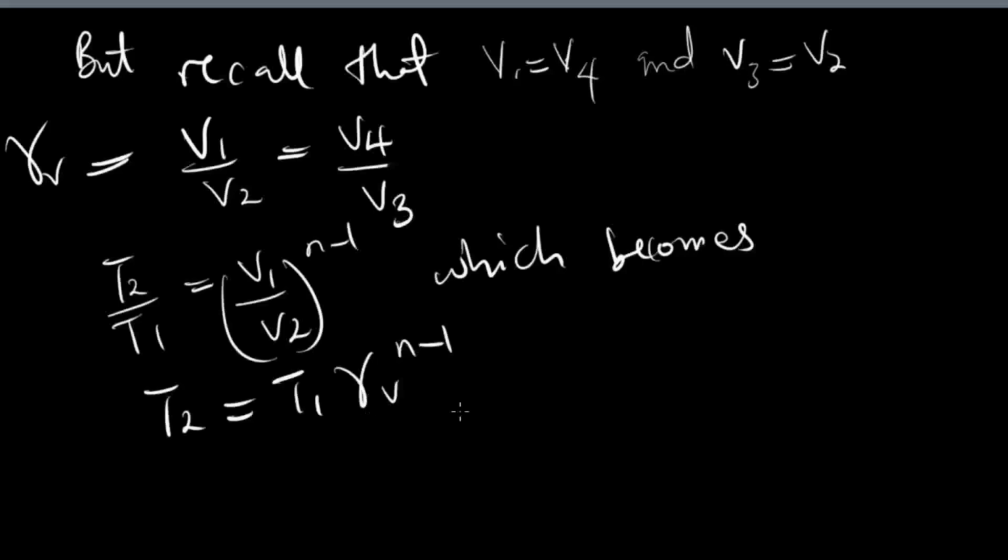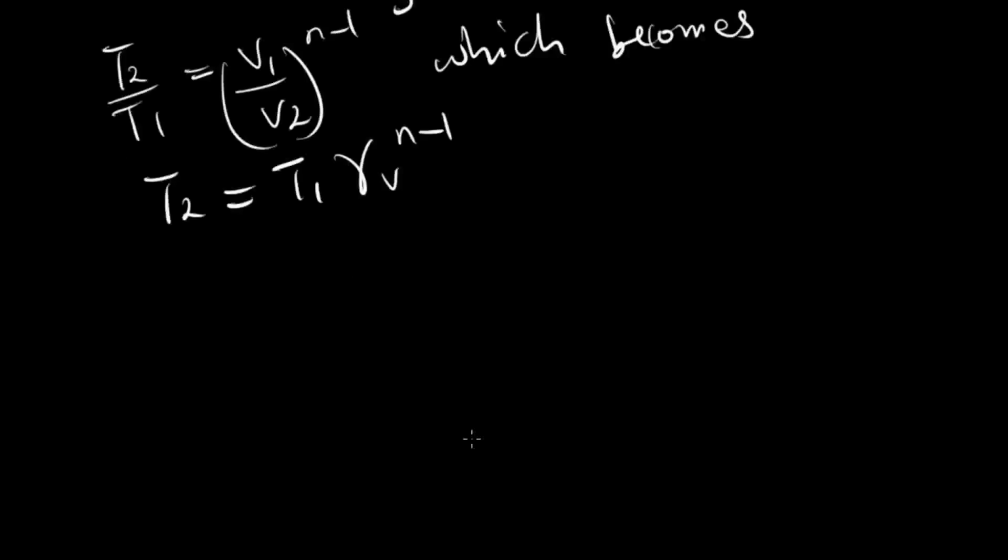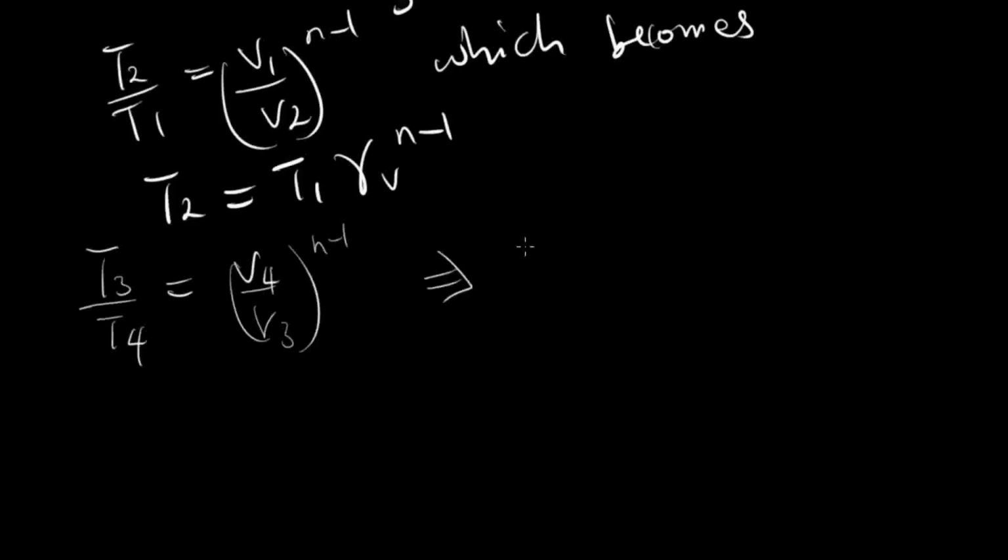Similarly, for the expansion, T3 over T4 is equal to V4 over V3, which becomes T3 is equal to T4 RV to the n minus 1.